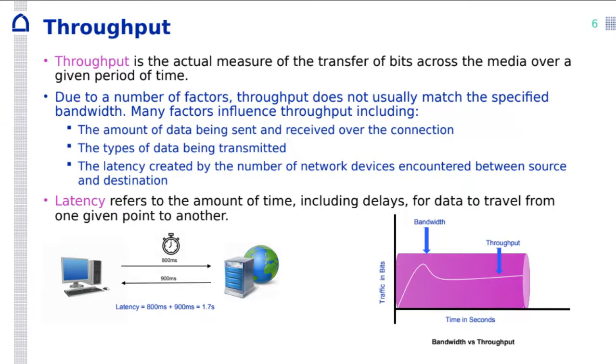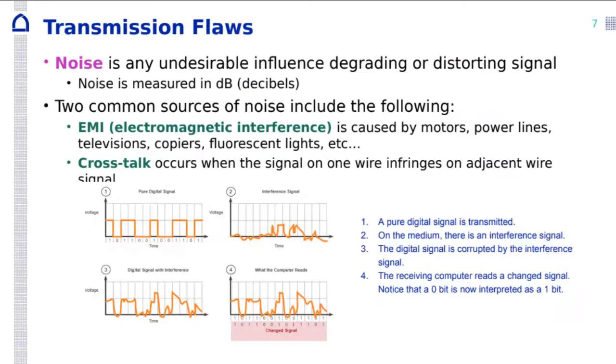And then to come back, it's taking another 900 milliseconds. So for this PC, the latency is 800 plus 900. Here we have bandwidth. You see the throughput is less.